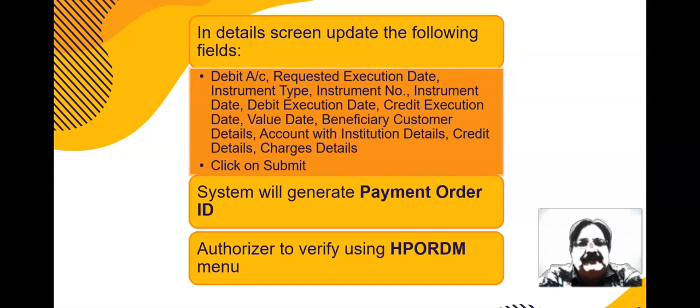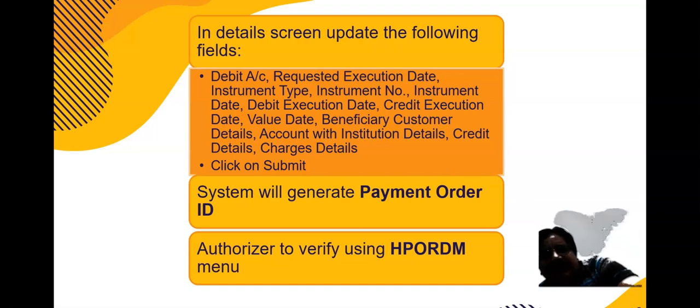The following fields have to be entered after the HPORDM command is entered in the menu command: which account is being debited, requested execution date, which will be today's date, instrument type, check numbers, instrument date, debit execution date, credit execution date, value date.